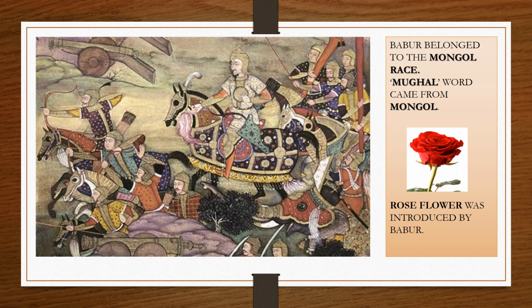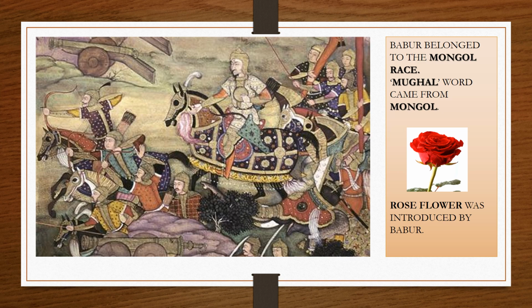But he could not stop at that because the Rajputs and the Afghans resisted him strongly. The brave warrior that he was, with his powerful weapons, forced the opposing armies to retreat. Another interesting fact about Babur is that this race belonged to the Mongol race, and the word Mughal came from Mongol.